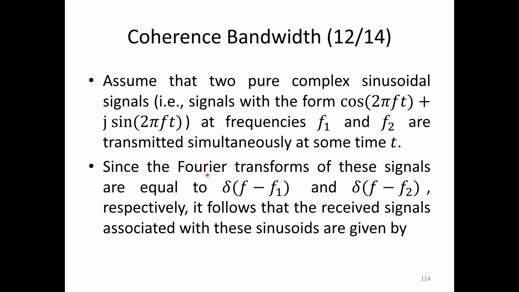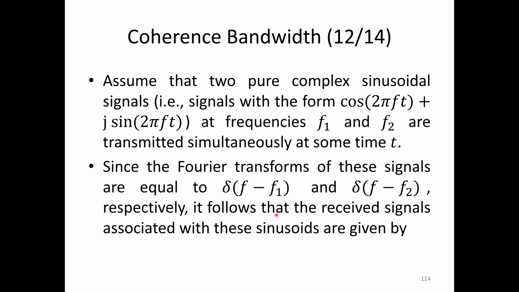Since the Fourier transforms of these signals are equal to delta of f minus f1, because in the time domain the signal is equal to exponential j 2 pi f1 t, after taking the Fourier transform in the frequency domain it is equal to delta of f minus f1. The second signal is similarly equal to delta of f minus f2.